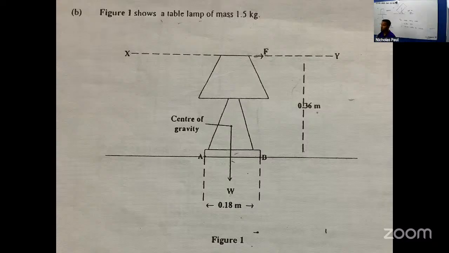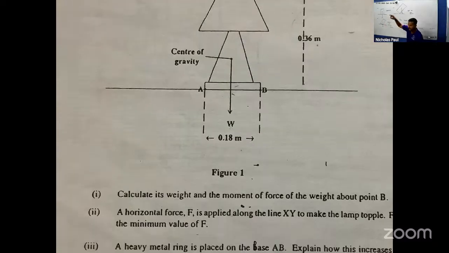Write down the mass, 1.5 kilograms. Mass is 1.5 kilograms, right? It has a length. Length is 0.18.